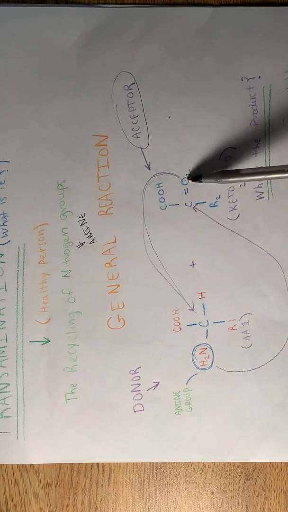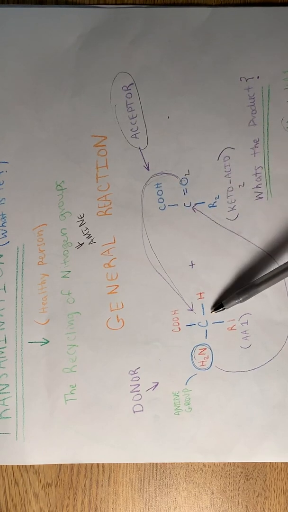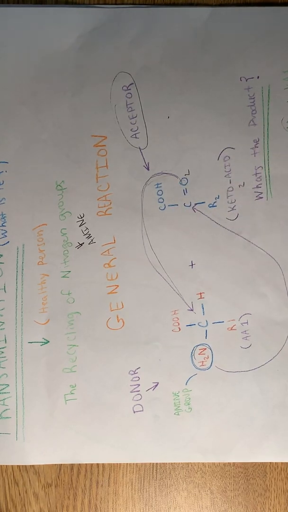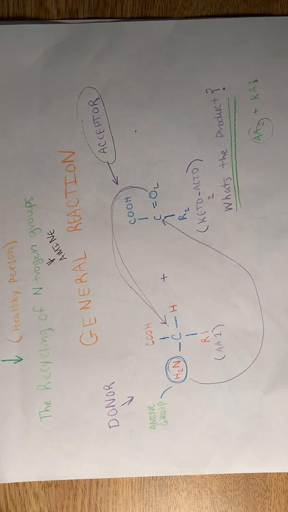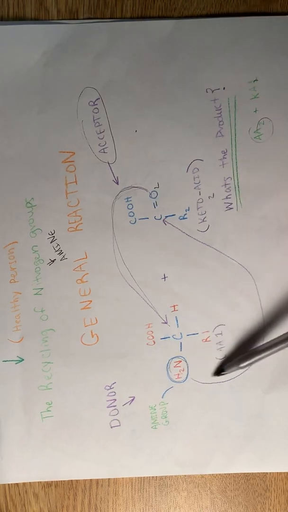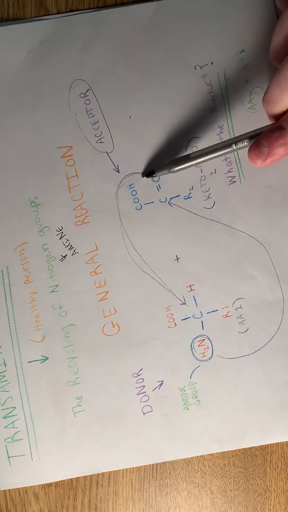The keto acid then breaks off its oxygen and gives it to the amino acid, and then the amino acid yields amino acid 2, which could be a lot of amino acids, and the amine group helps yield keto acid 1.